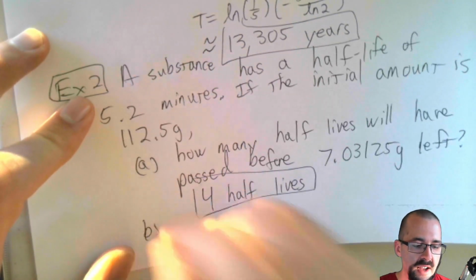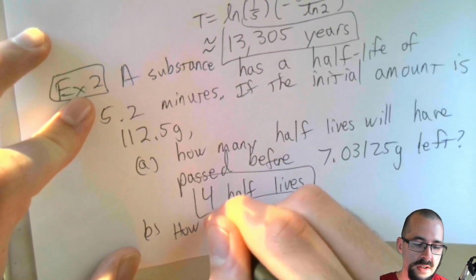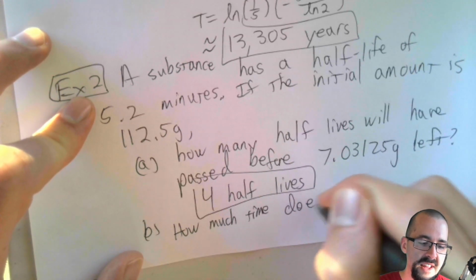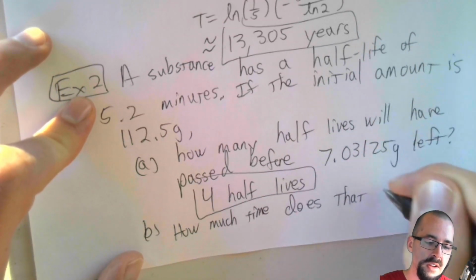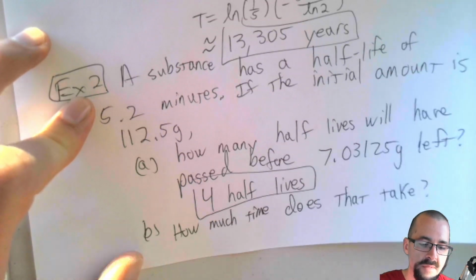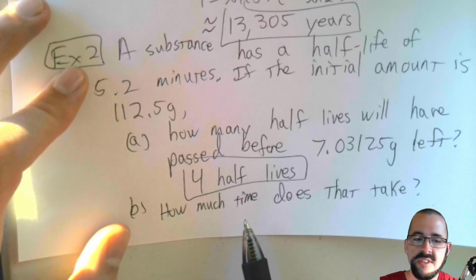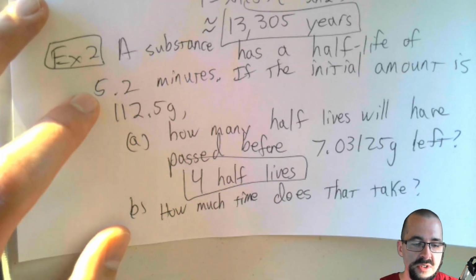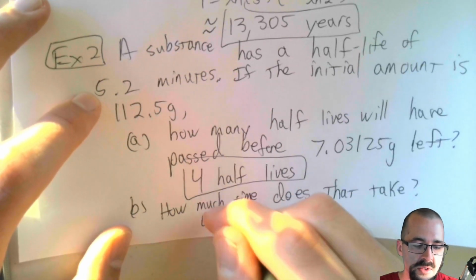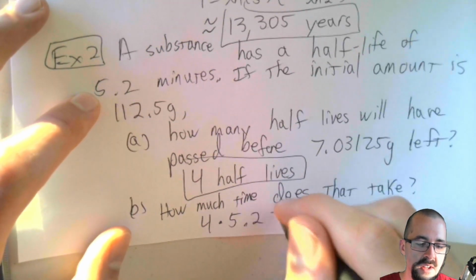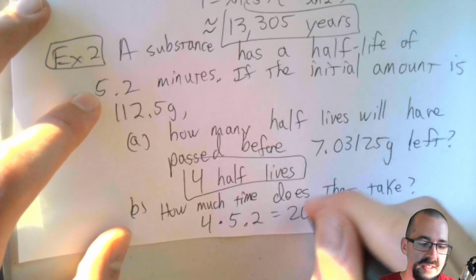And part B is, how much time is that? How much time does that take? Well, it took 4 half-lives. How long was each half-life? Each half-life was 5.2 minutes. So it's going to be 4 times 5.2 minutes, which would be 20.8 minutes.